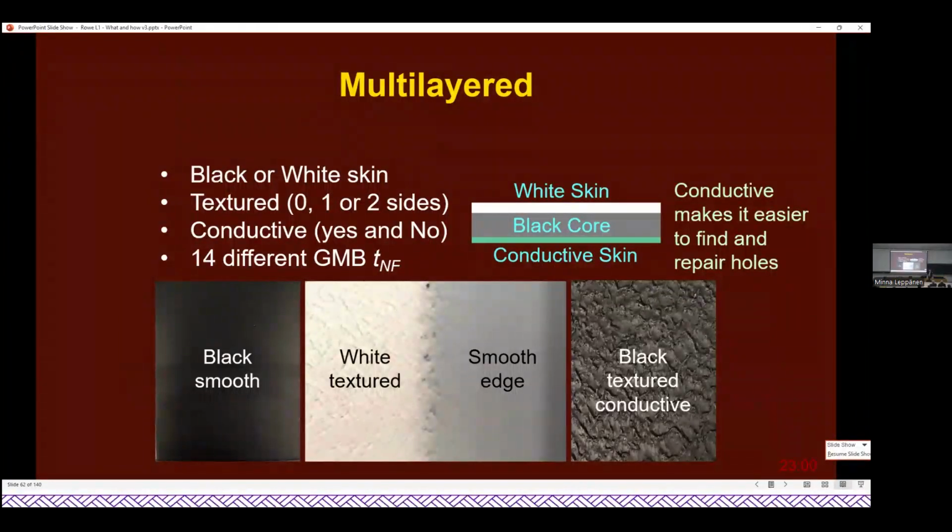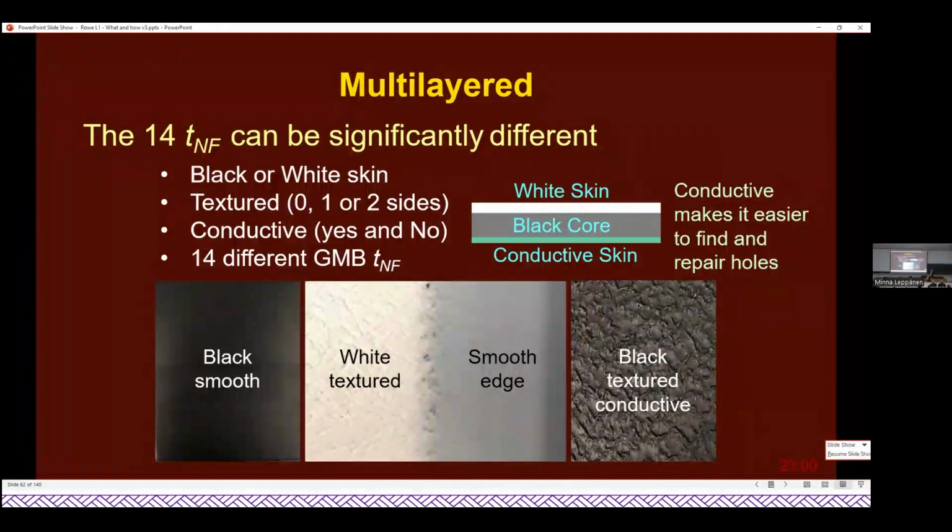That same black core has 14 possible variants, 14 possible different service lives, and they're not all the same. So you need to think about what is it that I need for my design situation, and how is that particular product going to perform?